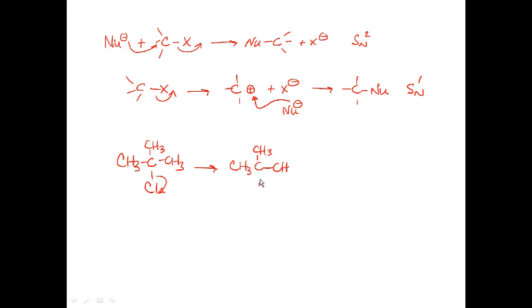Okay. But then it becomes an issue of timing as to what will happen next. Whenever you do an SN1 reaction, there's always the possibility of doing a side reaction called elimination. And so the carbon that was attached to the halogen is called the alpha carbon.